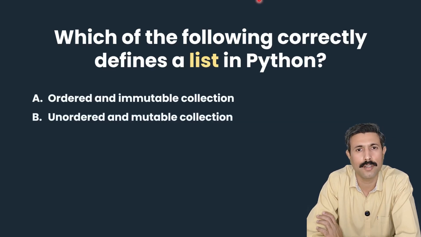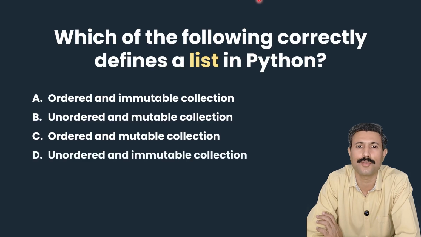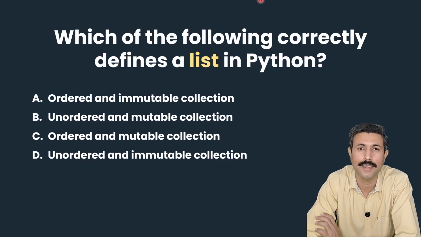B, unordered and mutable collection. C, ordered and mutable collection. And D, unordered and immutable collection. So here you have four options. Think over it and then write the answer in the comment section. Once you are done with that, we'll move to the next section.